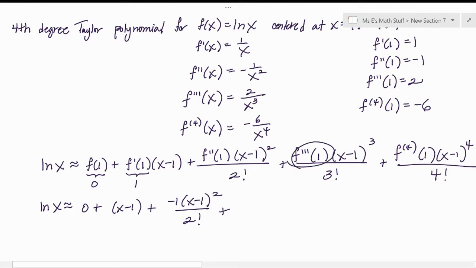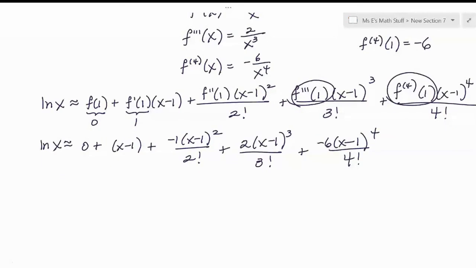F triple prime of 1 was 2. The 4th derivative of f evaluated at 1 was negative 6. And then the last step would be to just simplify it down a little bit more.